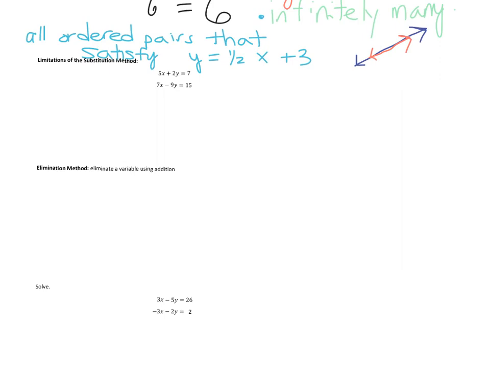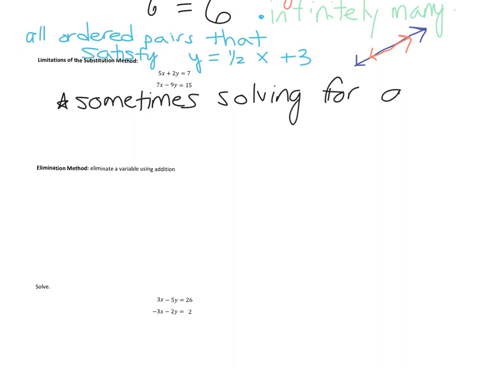So we can write that down. Sometimes solving for a variable complicates things.